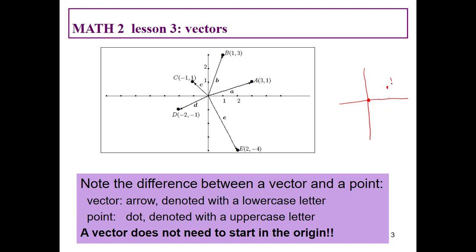So for instance, this point could be F with 2, 1. If we look at a vector with the same numbers, so 2 to the right, 1 up, then we could have this vector start anywhere in space. For instance here, 2 to the right, 1 up, and we have this vector. So this vector doesn't have to start in the origin. That's a big difference. And a vector we always denote with a smaller letter. So this vector could be a vector f.